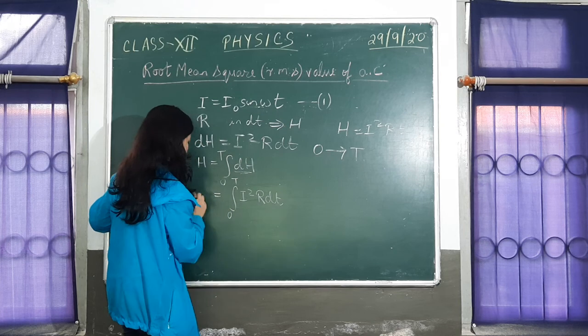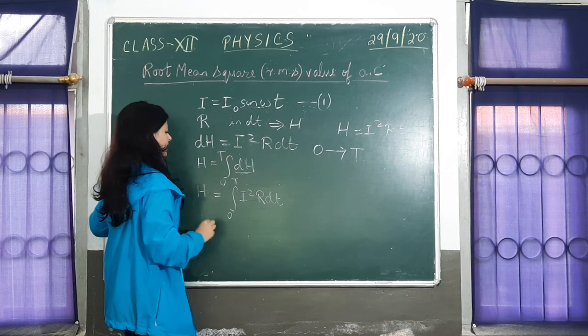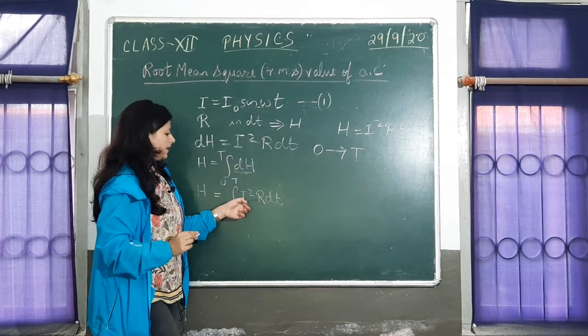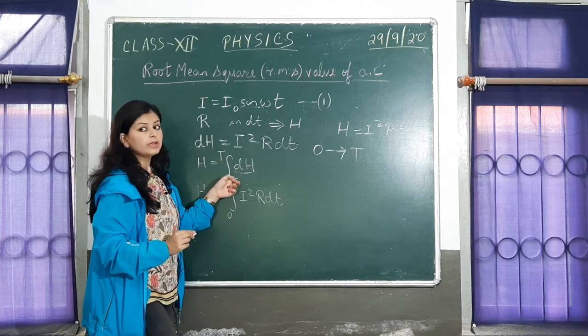This is the amount of heat generated in an AC in the time interval 0 to capital T.